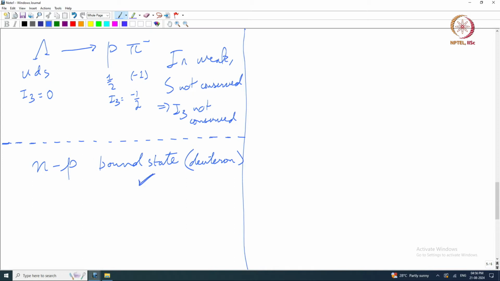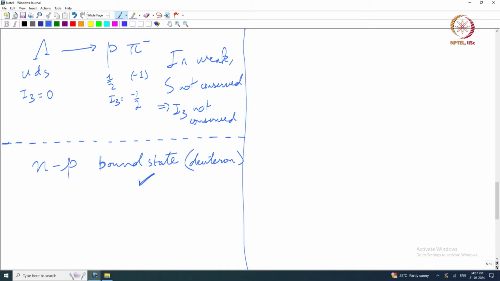We can then ask, the neutron and proton are part of an isospin doublet, correct? They are so similar in so many respects. If you can form a neutron proton bound state so easily, the Deuteron is very abundant in the universe, abundant enough to be detectable.